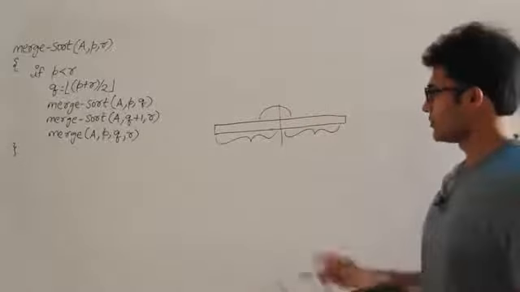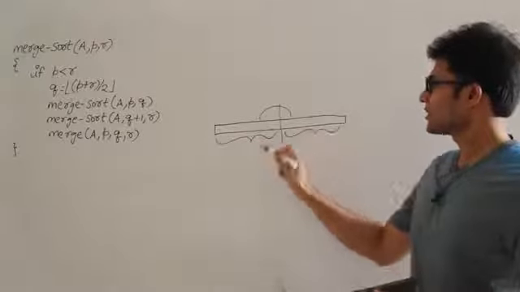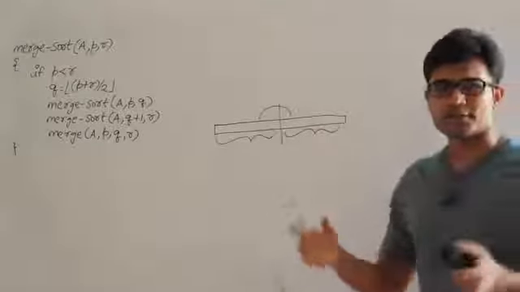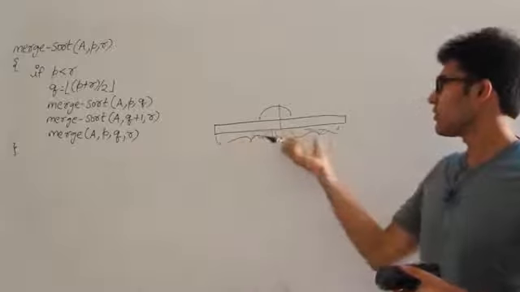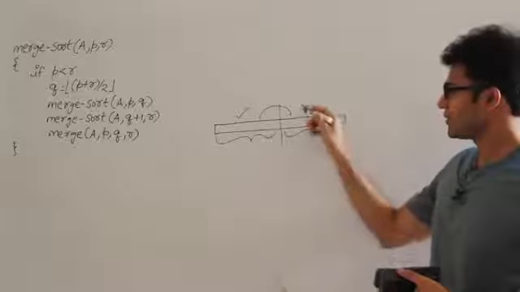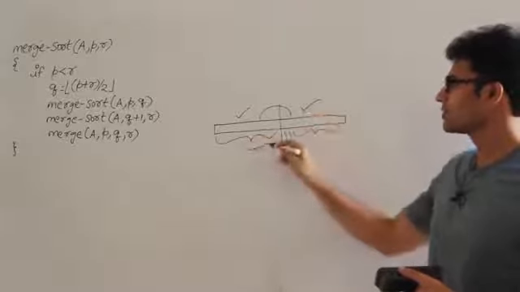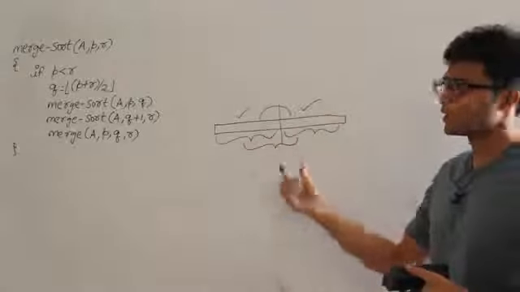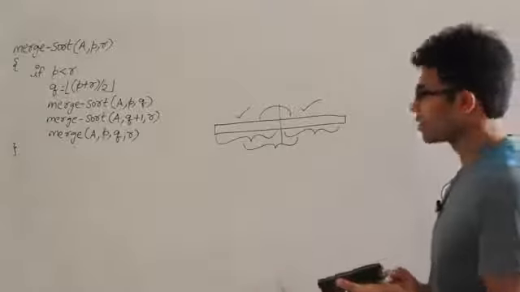In merge sort also, in order to sort an array of size n, it is going to divide the array into two halves, sort the first half first, and then the second half, and then merge the solutions into the final answer. That is how merge sort is going to work.